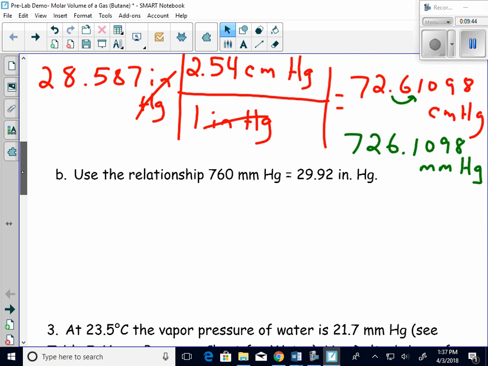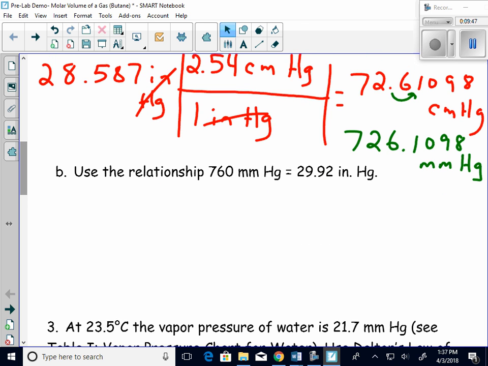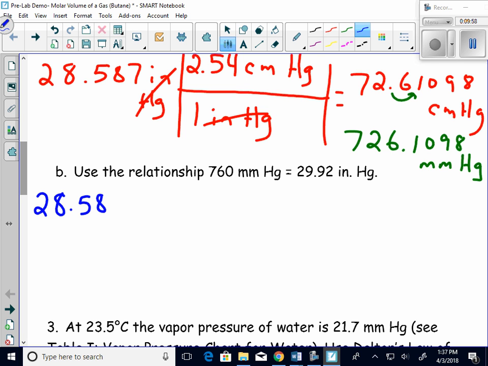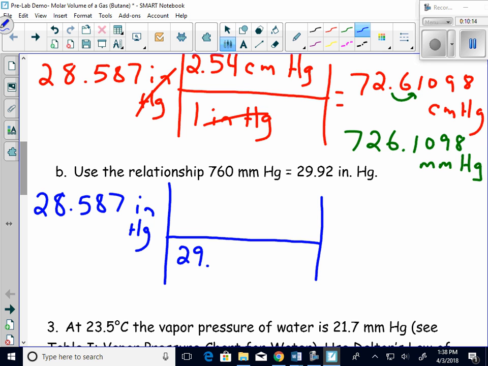Now, the second way to do it is a little bit easier, I think. I'm going to take that same value, the 28.587 inches of mercury. My conversion factor, which I found on the internet, is that 29.92 inches of mercury has 760 millimeters of mercury.